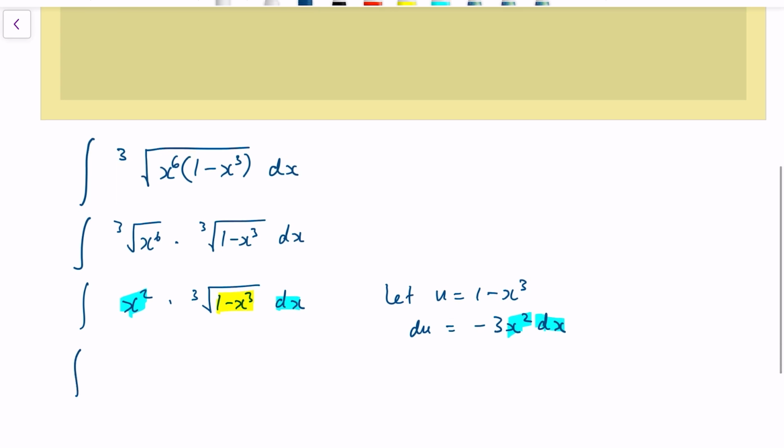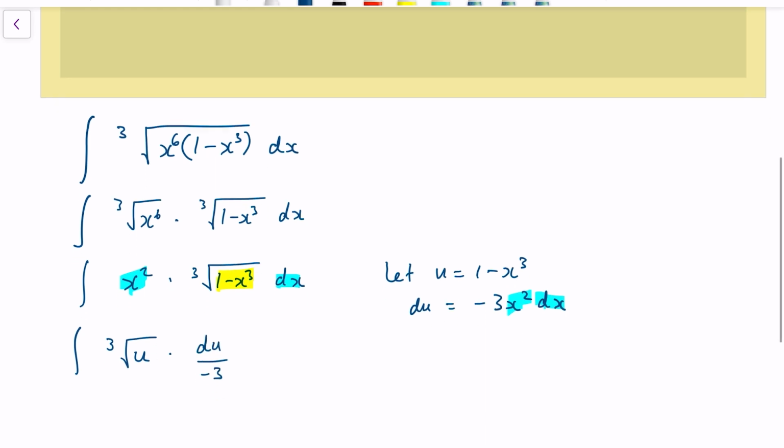So I'm integrating the cube root of u times du over minus 3. And dividing by minus 3 is a lot nicer than what we were dividing by earlier. So just pull the factor of minus 3 in the denominator out as minus 1/3, and the cube root of u is u to the 1/3. And now we're integrating something a lot easier.